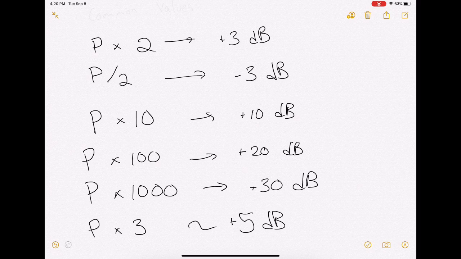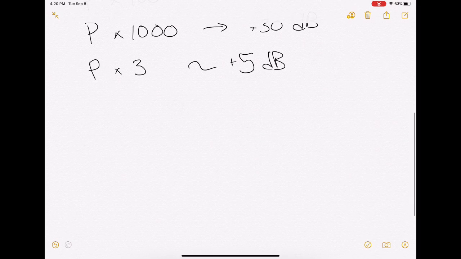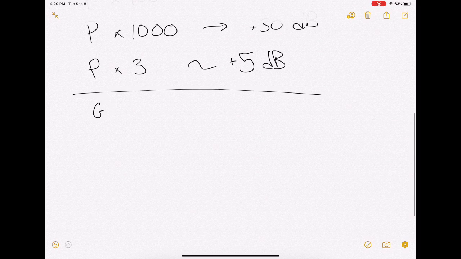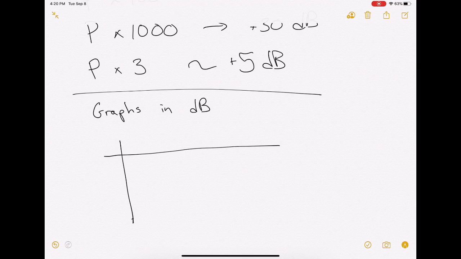An important thing to know is that when you are looking at a graph in dB, a lot of the time we'll graph something like the reflection coefficient or S parameters, or something like that in dB. So we'll usually have 0 up here if it's a passive device.